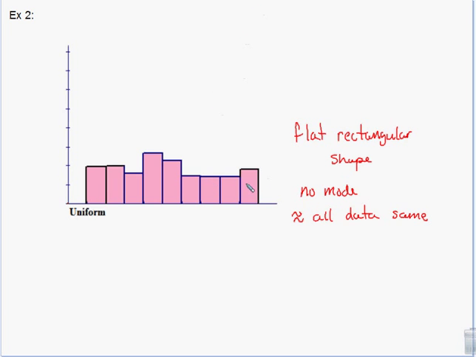I know numbers oftentimes like to go to the gray areas, but on these you're going to see a real peak. It's going to go up and down. It's not going to be flat and then there's one thing and then flat. There will be a peak. Okay. So all the data on this is about the same. That's why it's called uniform.